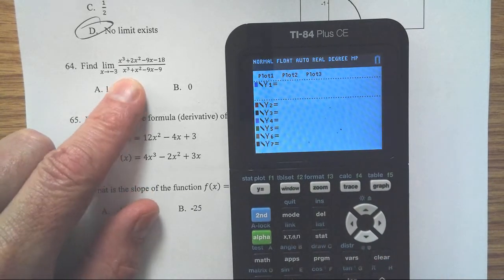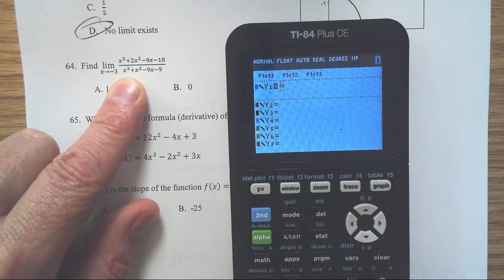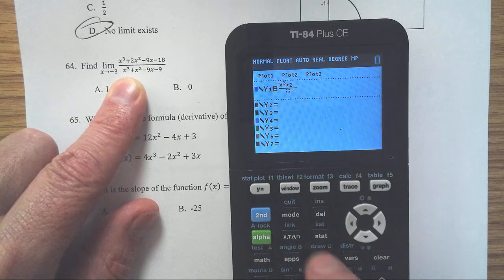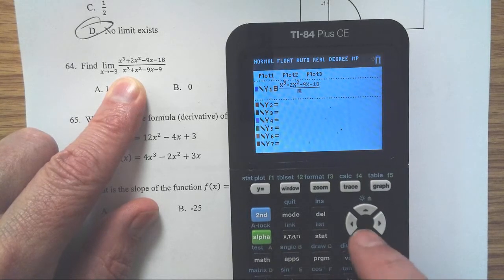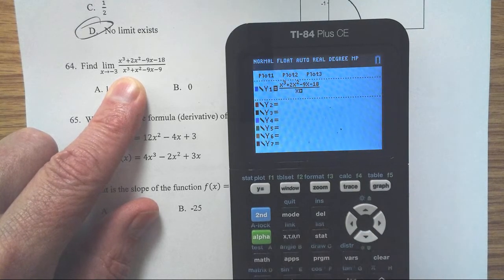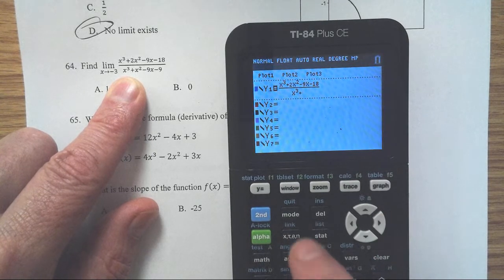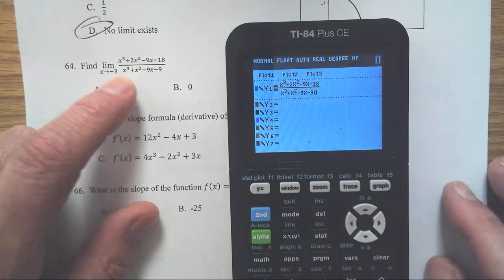I'll enter this using my fraction feature: x to the third plus 2x squared minus 9x minus 18 over x to the third plus x squared minus 9x minus 9.